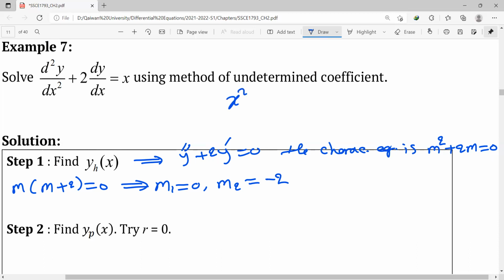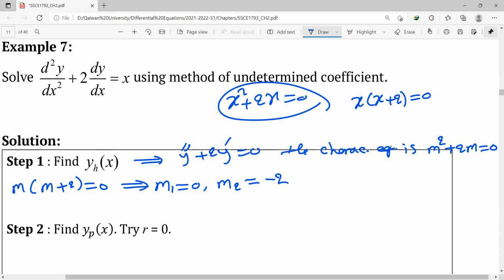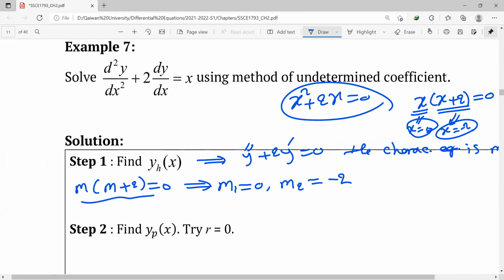If we have x squared plus 2x equals 0, what's the solution of this polynomial? We take x as the common, and what's left? x plus 2 equals 0. Either this is 0 or this one. From this one we get x is 0, and from this one we get x is -2. Even this one is a polynomial of degree 2. It's the same, we just find the values of m.